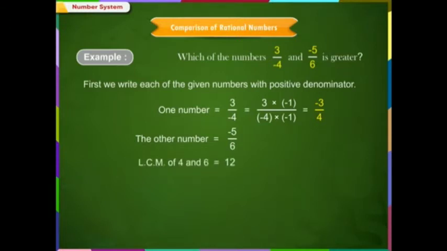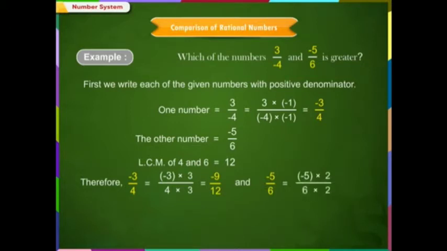LCM of 4 and 6 is 12. Therefore, -3 by 4 is equal to -3 into 3 by 4 into 3, which is -9 by 12, and -5 by 6 is equal to -5 into 2 by 6 into 2, which is -10 by 12. Clearly, -9 by 12 is greater than -10 by 12. Hence, 3 by -4 is greater than -5 by 6.